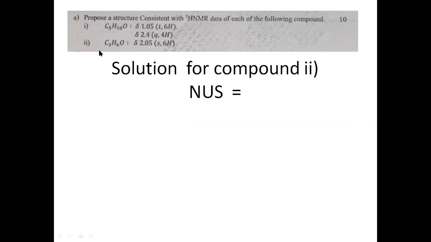Now we have to solve this problem. Propose a structure consistent with HNMR data of each of the following compounds. C3H6O. Okay, you calculate number of unsaturations here first, then we'll proceed further.